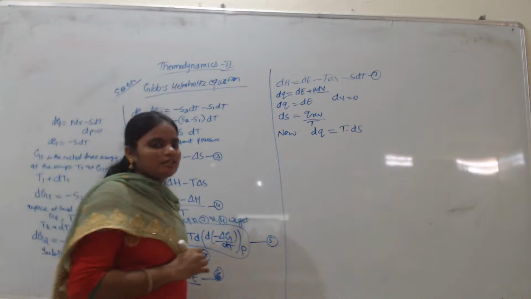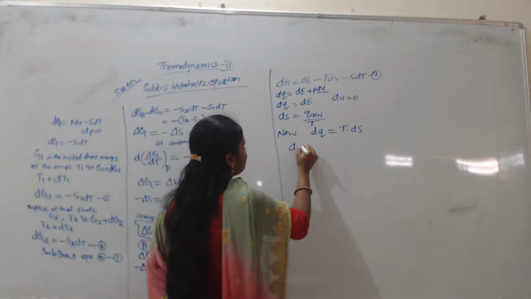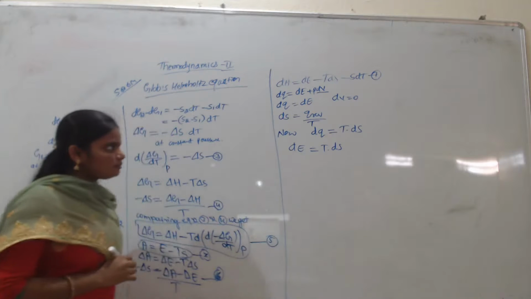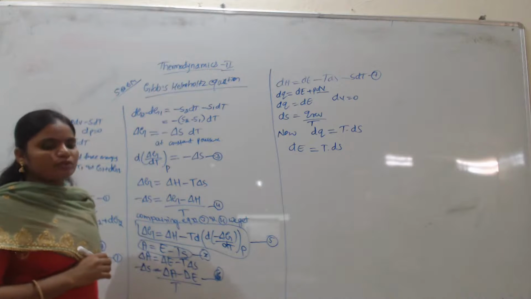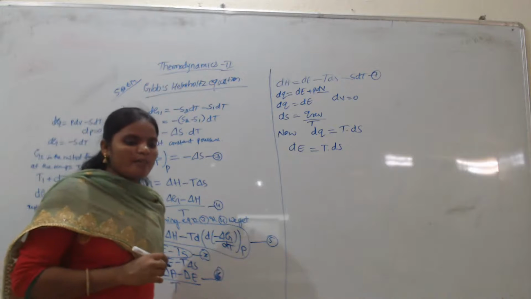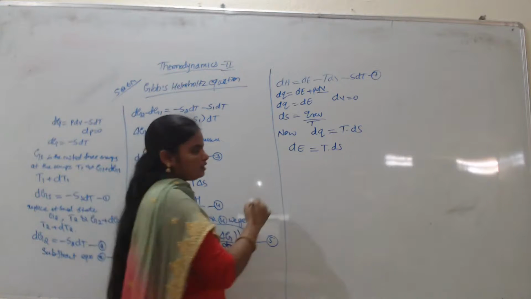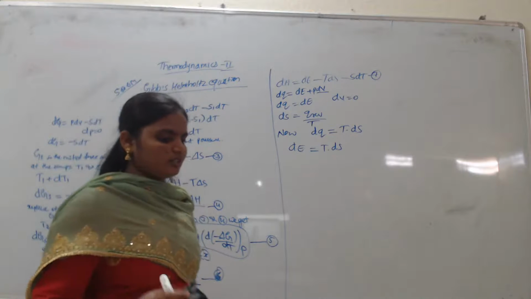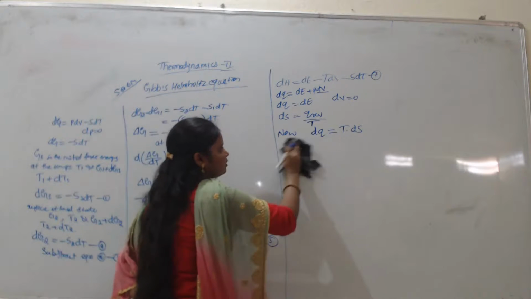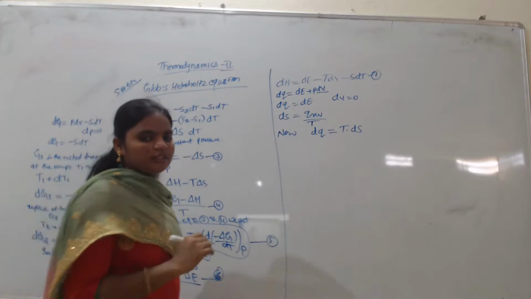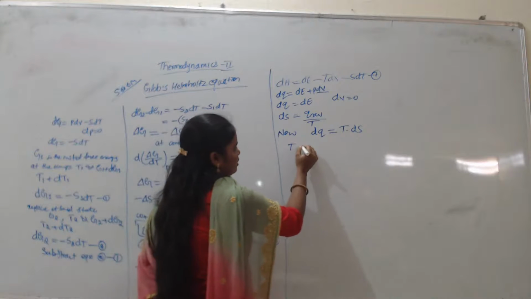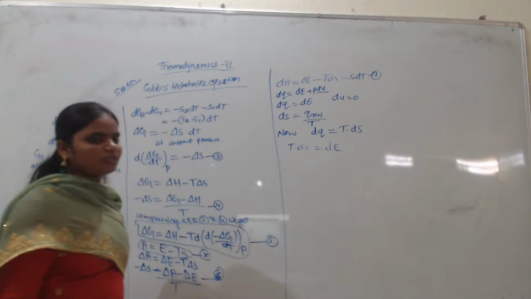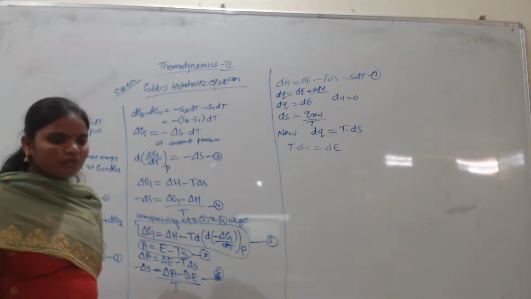Putting in the value, dq is equal to T dS, so we get dE is equal to T dS. So T dS is equal to dE.